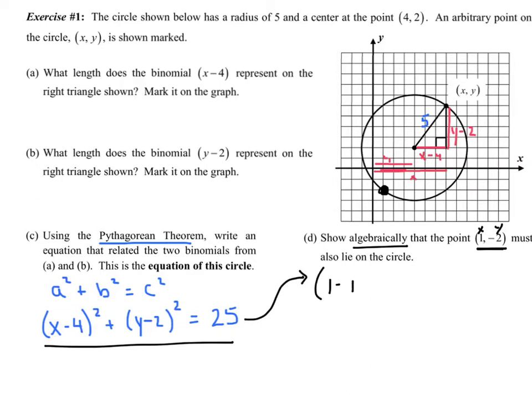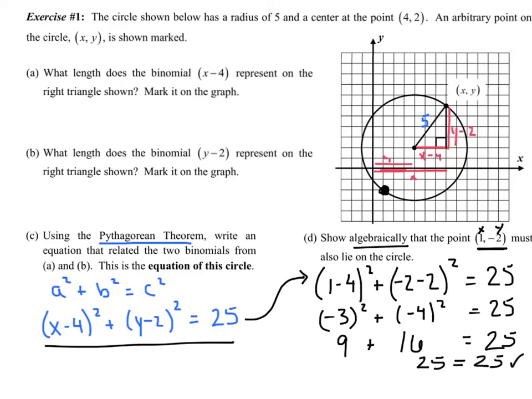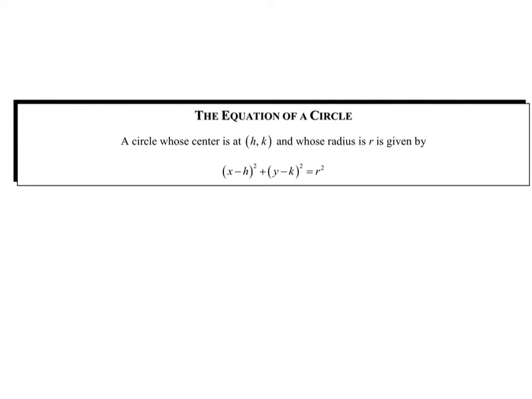Substitute the 1, and then we're going to substitute the y value, and we're going to see if that equals 25. So I got negative 3 squared plus negative 4 squared equals 25. That's 9 plus 16. Does that equal 25? Yes, it does. 25 equals 25. Here we go. We just proved it. All right, on this slide, we've just finished our discovery exercise.